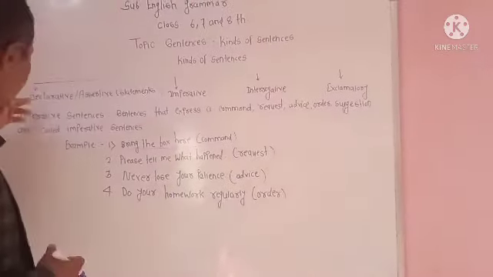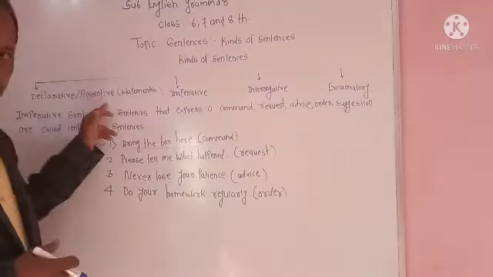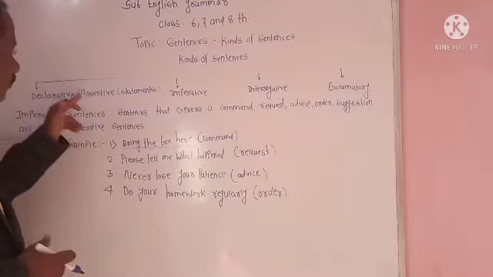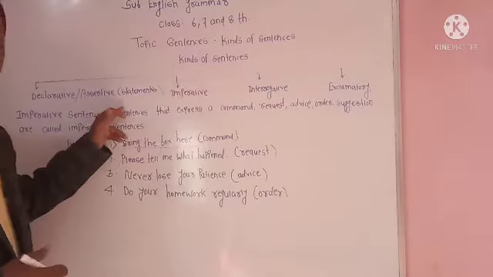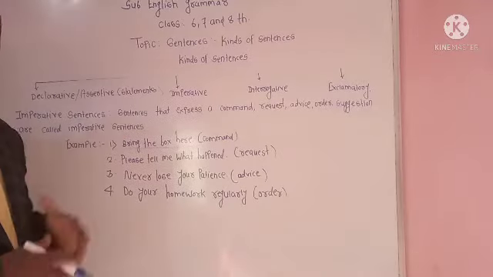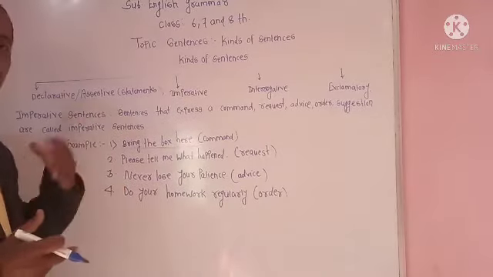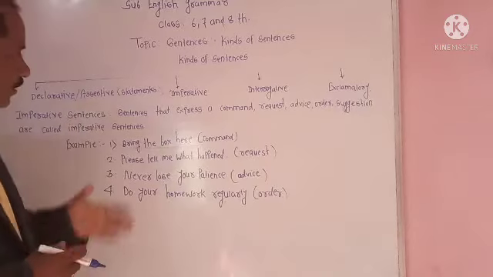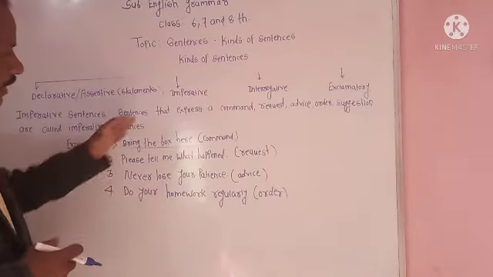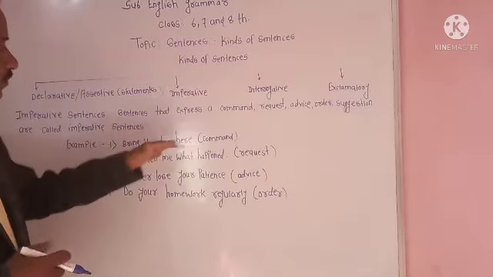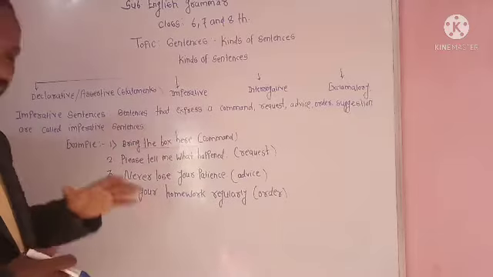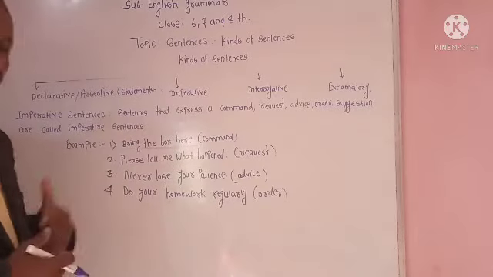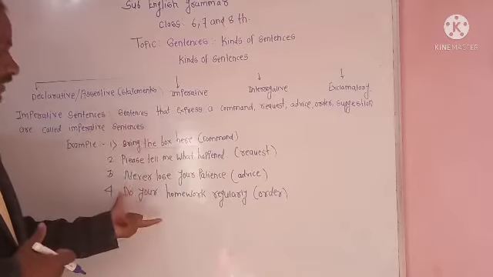The first one is the declarative or assertive sentence. A declarative sentence declares something or asserts something, or is a simple statement. Some statements are positive, some statements are negative. In imperative sentences also we can make two types of sentence. "Do not bring the box here." By adding do not, we can make the negative sentence also.